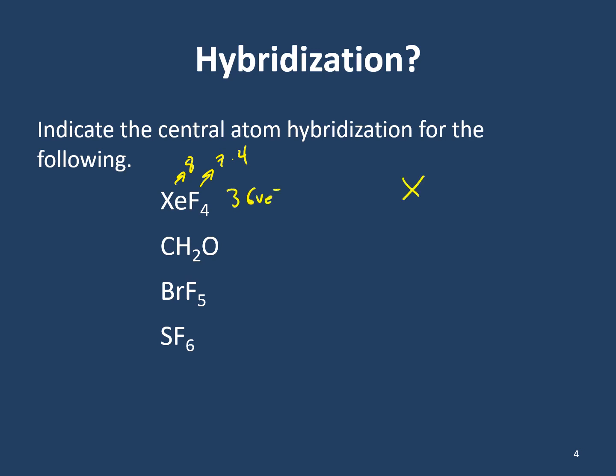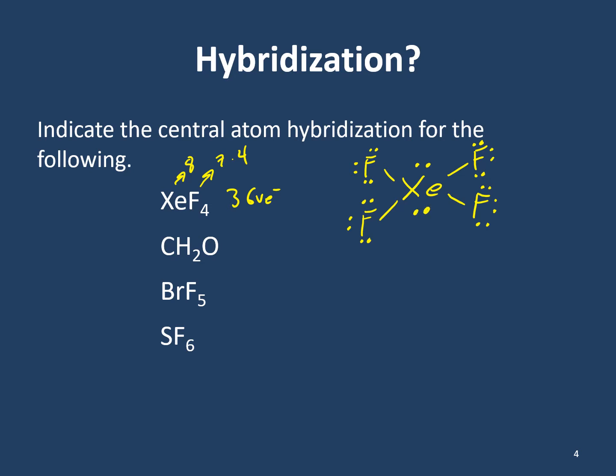If we draw this out, I'm going to attach my fluorines, then put my lone pairs on the fluorines to make them have octets. In this structure, I've used 8 from the bonds and 24 from the lone pairs. That gives me 32 valence electrons used. I still have 4 more to go. Those 4 need to go on the central atom as lone pairs.